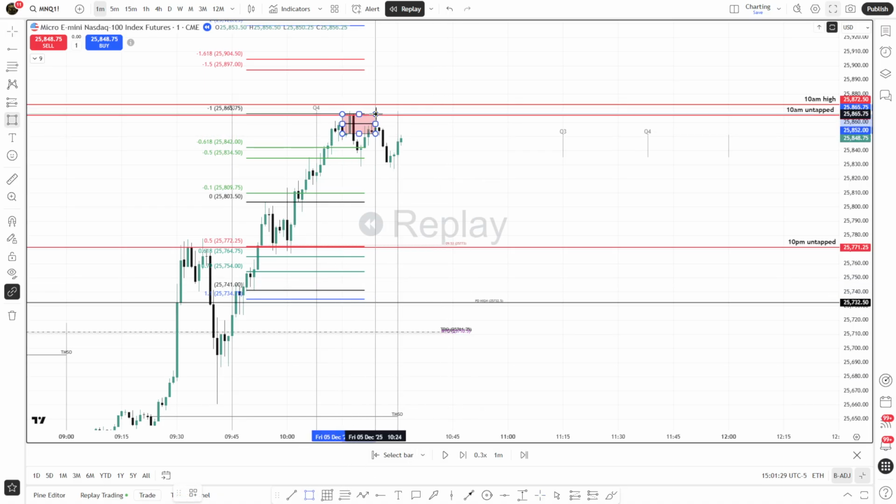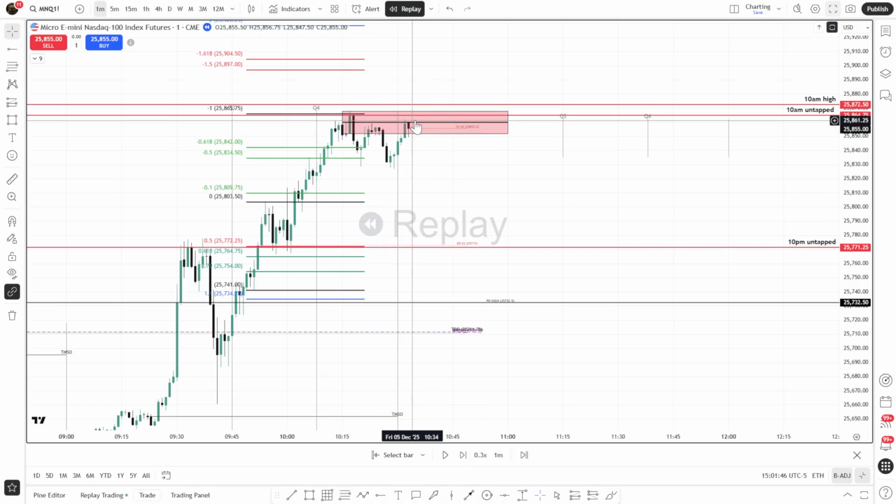I would like to mark out this candle, as we've tapped a potential reversal area. Okay. So far we have 50% of our up close candle holding.